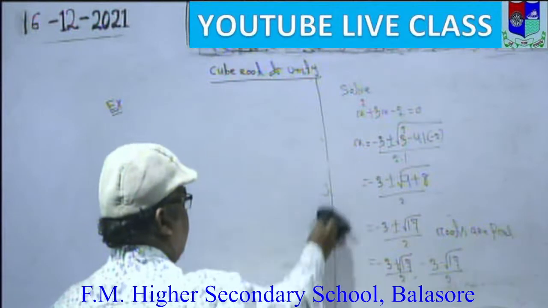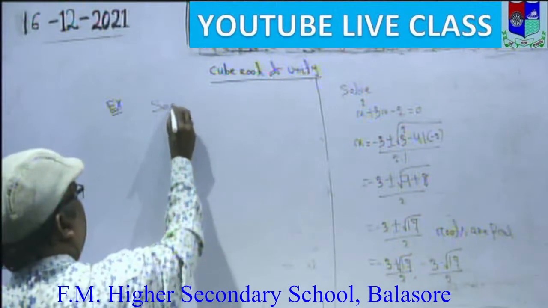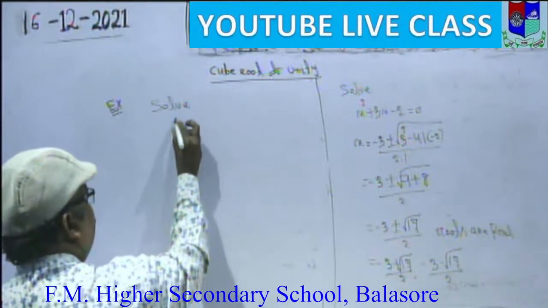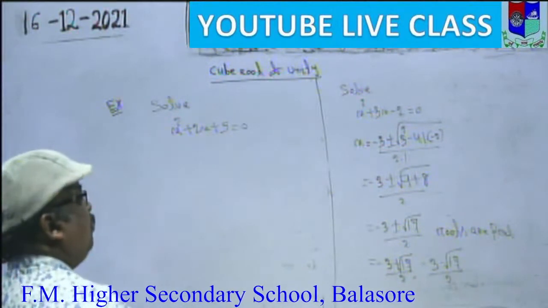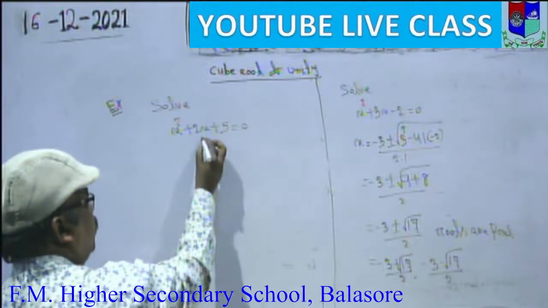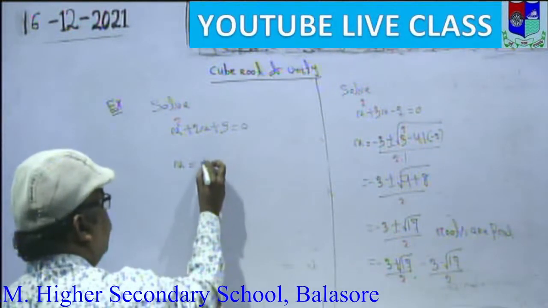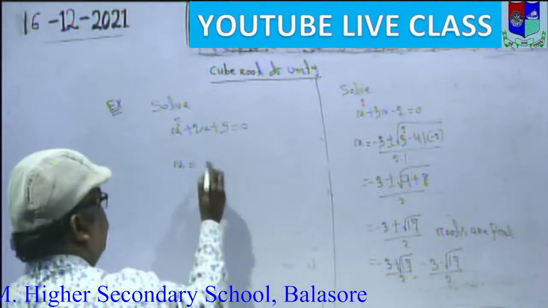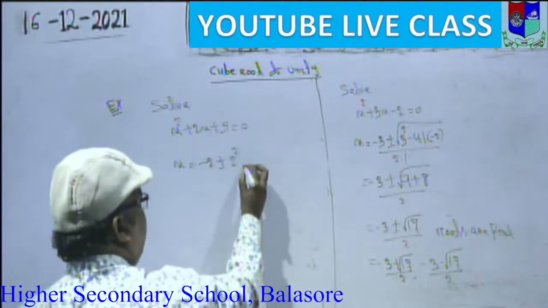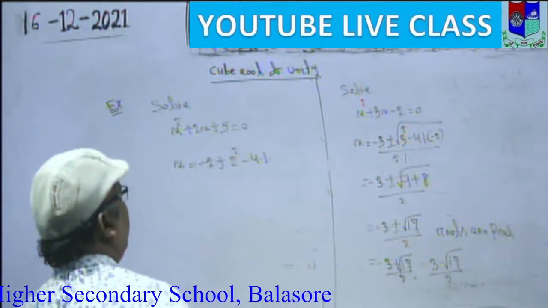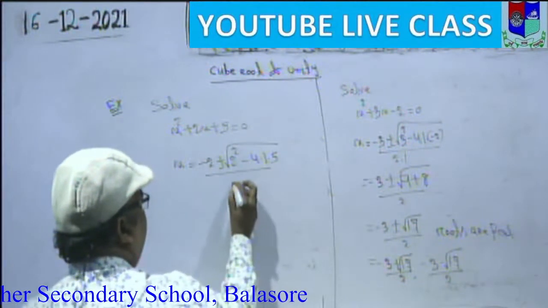Another question, solve x square plus 2x plus 5 equal to 0. So now a is 1, b is 2 and c is 5. So x equal to minus b plus or minus square root of b square minus 4ac divided by 2a.